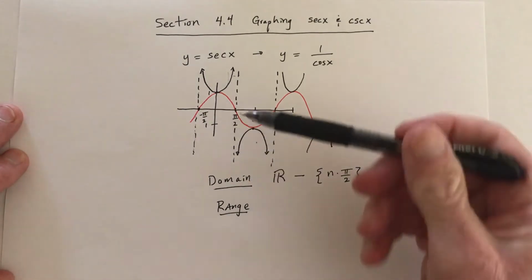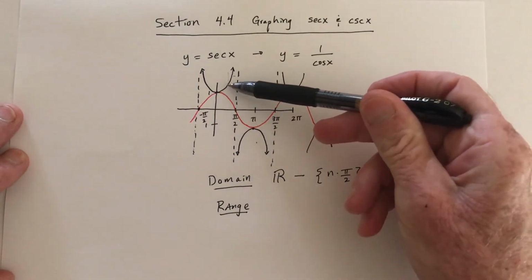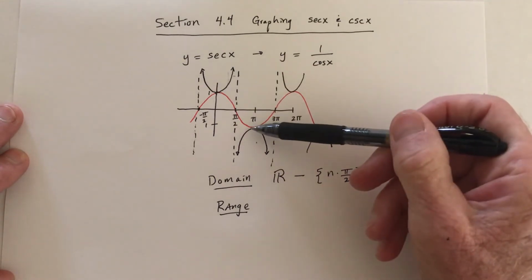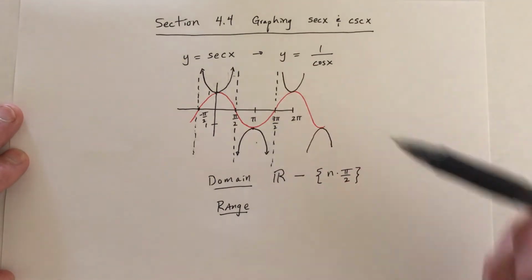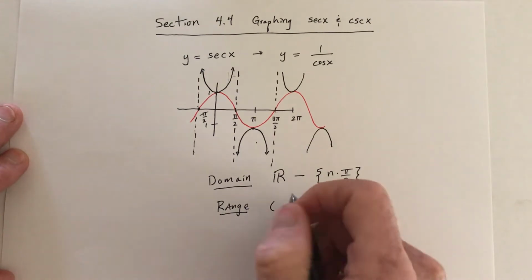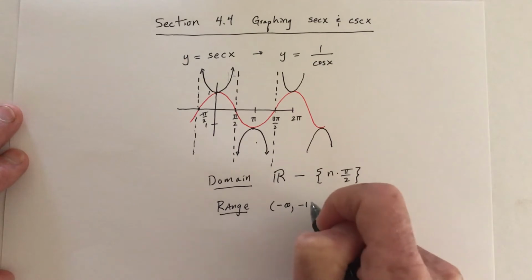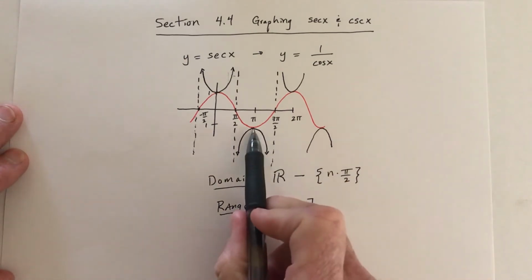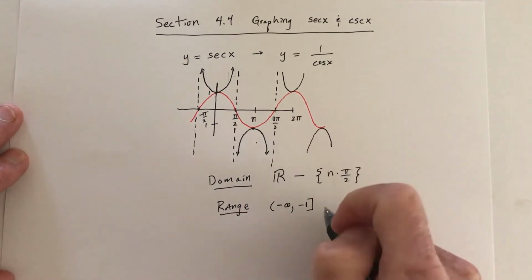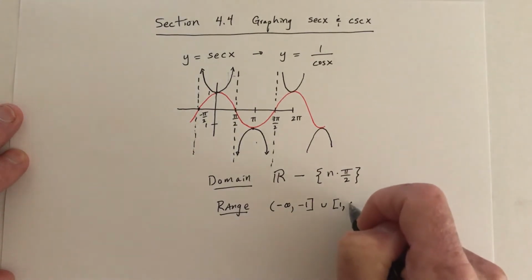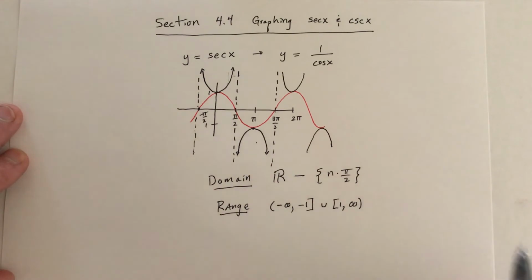So the range would be the y values. And as far as the secant graph, it would go from 1 up to infinity. This would be negative 1 down to negative infinity. So from negative infinity to negative 1, and it does actually equal negative 1 right there at pi. And then also from positive 1 up to infinity.